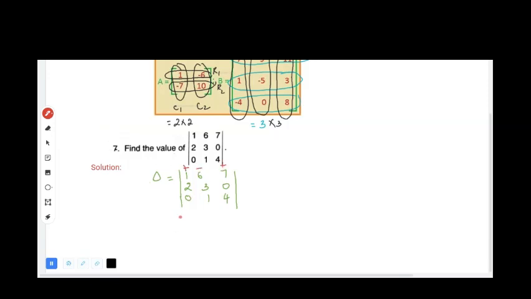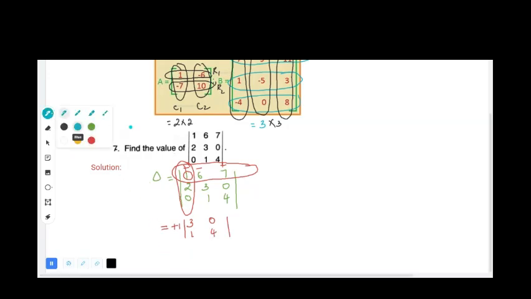To do the operation of a determinant, we should consider the signs plus, minus, plus. Now select the first element of the determinant, the first row first column element. When you consider the first row first column element, that will be plus 1. The element which we select, we have to leave that row and that column, and write the remaining elements in determinant form.